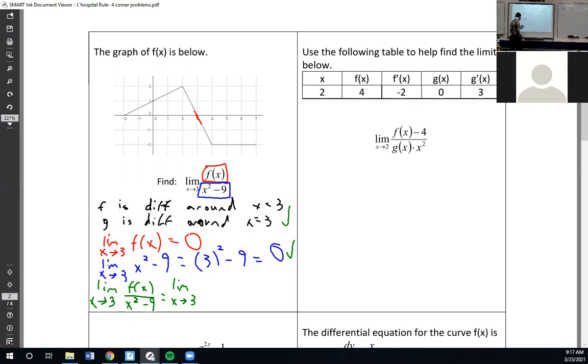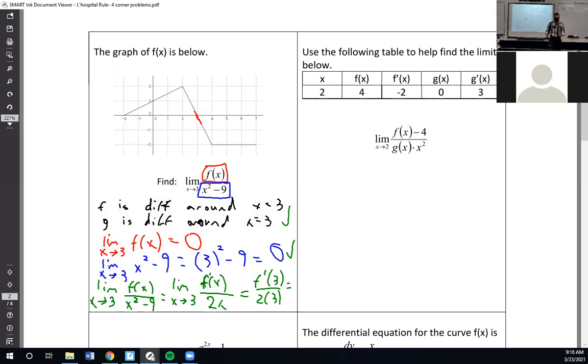So derivative of f is f prime. Wow, that was hard. Derivative of x squared minus 9 is 2x. Now let's see if we can plug in 3. f prime of 3, that means that we are tracking our slope at 3, right?